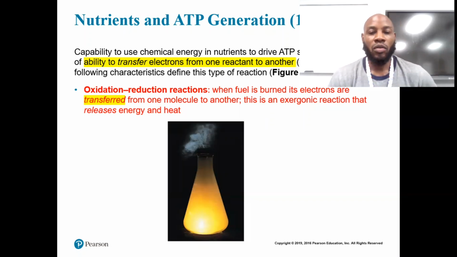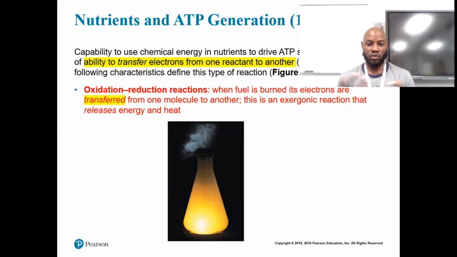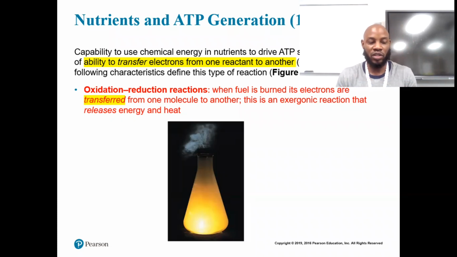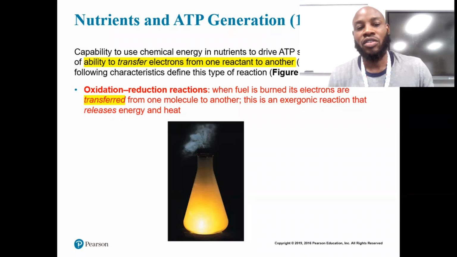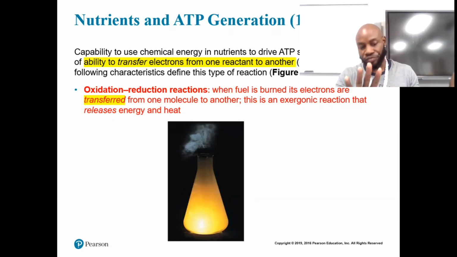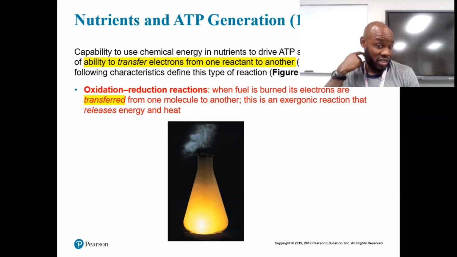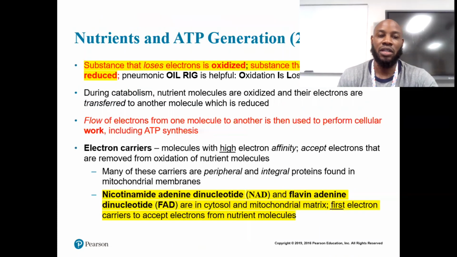When we talk about electrons being transferred, we want to primarily talk about oxidation-reduction reactions. Electrons are transferred from reactants, which are oxidized, to the products, which are reduced. So you have transfer from one to the other. One loses electrons, one gains electrons. The one that loses is oxidized. The one that gains electrons is reduced, right? And this is an exergonic reaction.